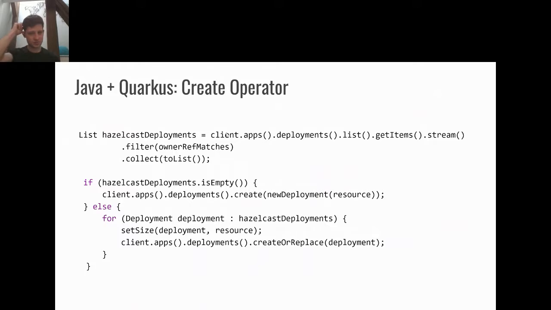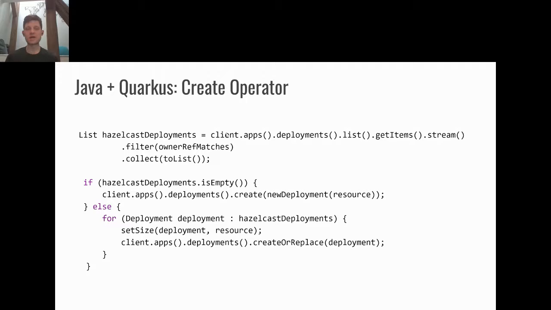In this example, we use a Kubernetes client, I think the Fabric8 Kubernetes client, and we write the same logic you've seen in Go, but this one is in Java. So you get deployments and filter them by something, and if the deployment is empty, then we create a new deployment. If it's not empty, then we set another size.